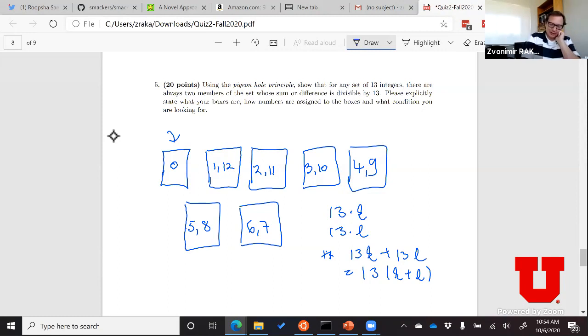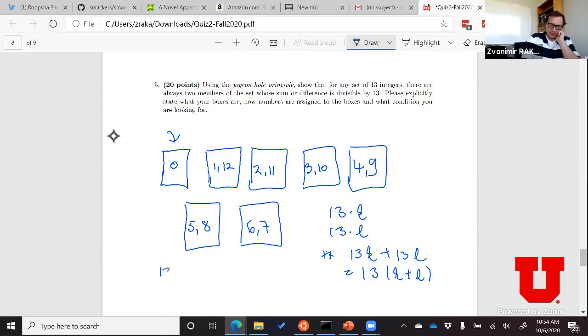If it lands into any of the other 1 to 6 boxes, then you have 2 cases. Either the remainder for both of them is the same, l.